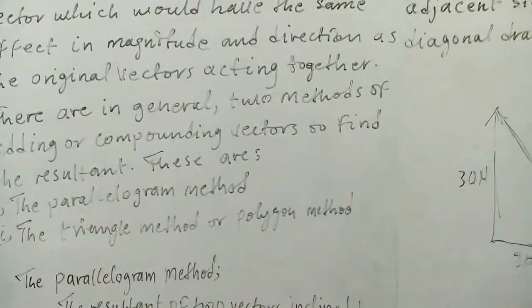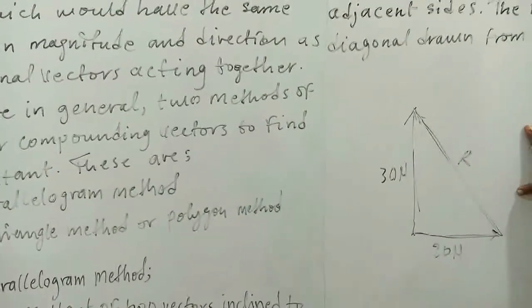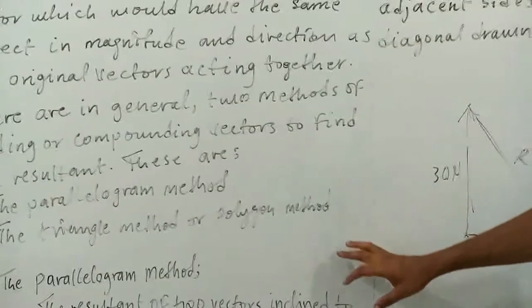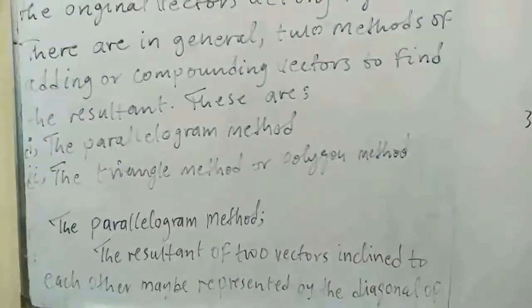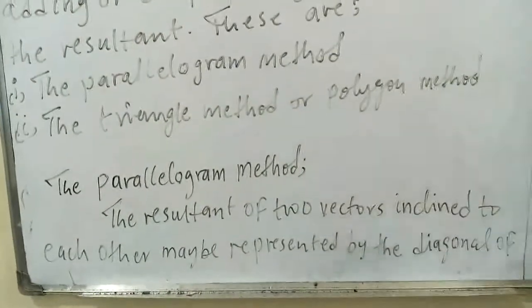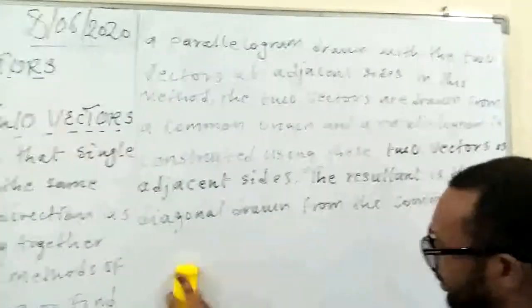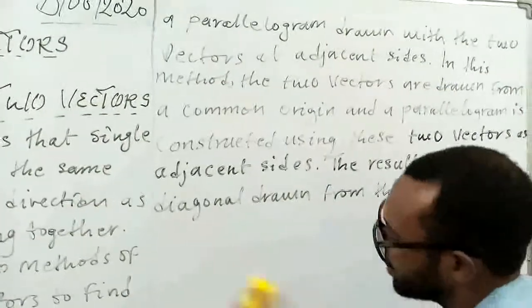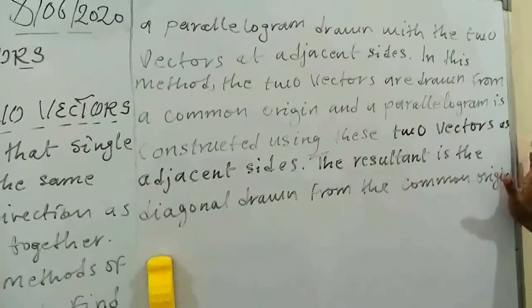The first method in resolving two or more vectors, we said, is the parallelogram method. The resultant of two vectors inclined to each other may be represented by the diagonal of a parallelogram drawn with the two vectors as adjacent sides.